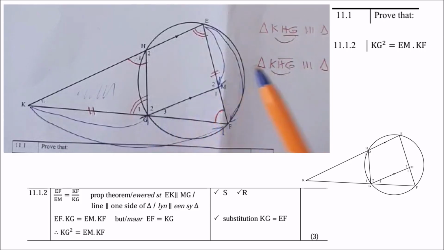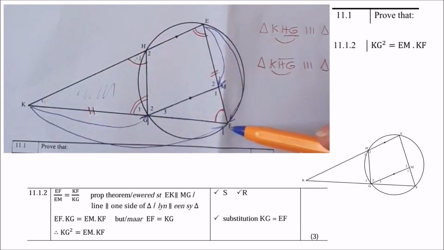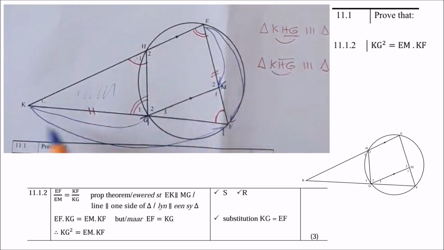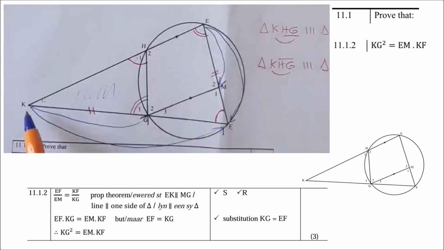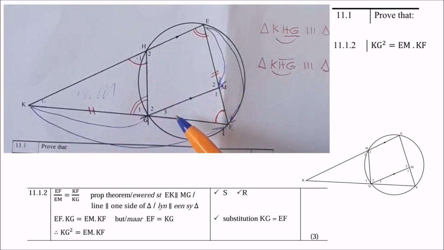So if I say EF over EM is the same as KF over KG. Let me repeat: EF over EM equals KF over KG. Then that will help me a lot. Why can I say that? Because those two lines are parallel. Then we cross multiply, and we get EF times KG equals EM times KF. But don't forget that KG and EF are equal. Therefore, KG squared equals EM times KF.